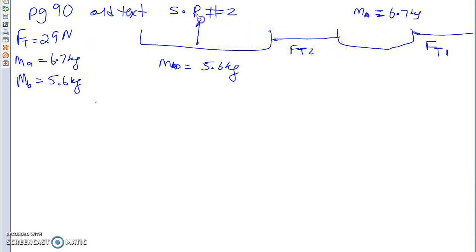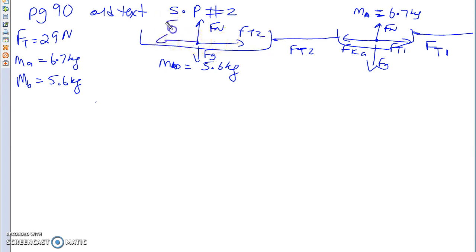Of course, you've got your Fn, you've got your Fg, Ft1, and then they gave you this right here, which was Fka, and this is Ft2 and Fkb. Fka was given to you as 9 newtons, and Fkb was given to you as 8 newtons.